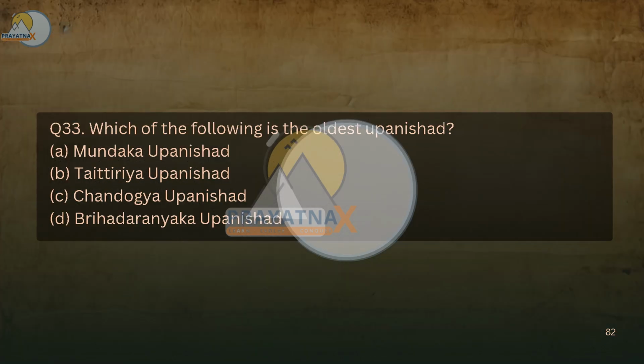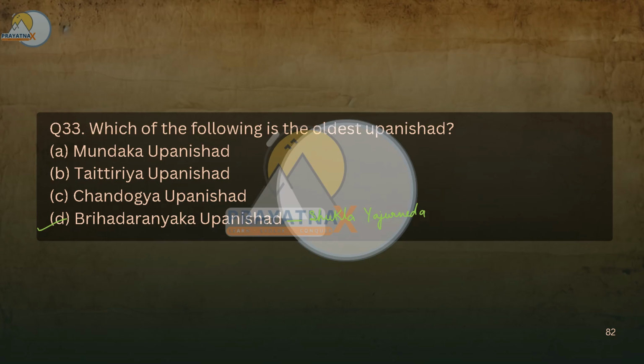Question number 33, which one of the following is the oldest Upanishad? Now obviously I hope you remember, we don't even need to look at the options. Brihadaranyaka Upanishad is the oldest, and this is connected to the Shukla Yajurveda and forms the 14th chapter of Shatapatha Brahmana.